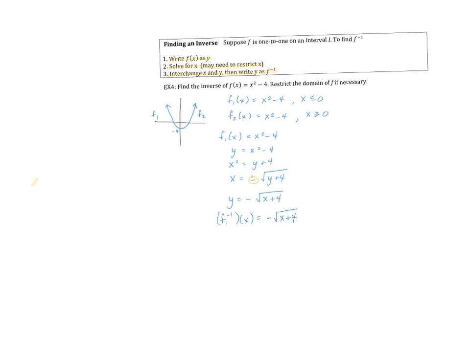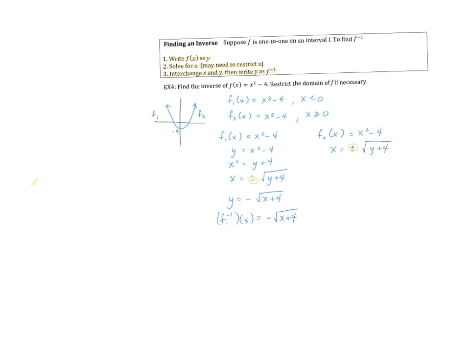Now if we look at f sub 2 of x, the process is going to be exactly the same, except for when we get to here, x equal to plus or minus the square root of y plus 4, in this case we're going to choose the positive.